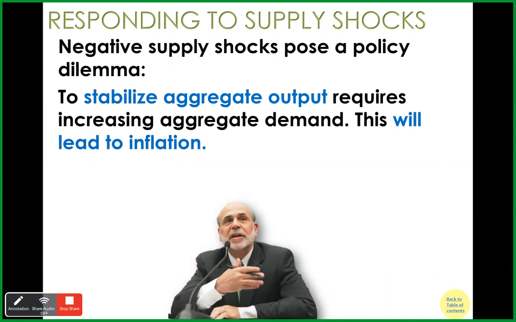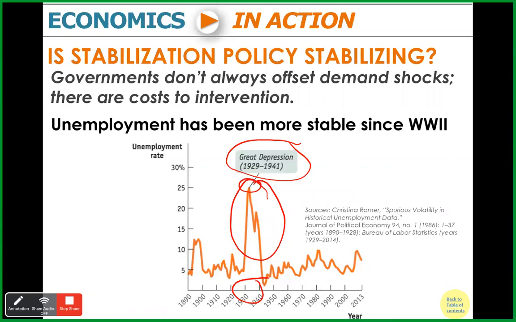As I said earlier, a negative supply shock creates a dilemma. Why? First, realize what happens if there's a negative supply shock. Let's quickly draw a diagram. If there's a negative supply shock, we move from here to here.